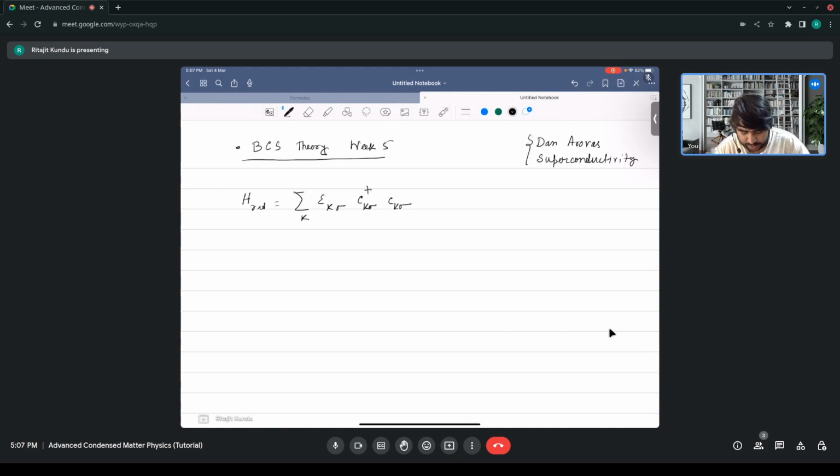sum over k and sigma, and there is an interaction. This is some effective interaction, and in BCS, what we assume is that this is because of some effective interaction between electron and phonon. We are not really bothered about how the interaction looks, but what we need to remember is that this is an attractive interaction. If there is no attraction, then there is no superconductivity.